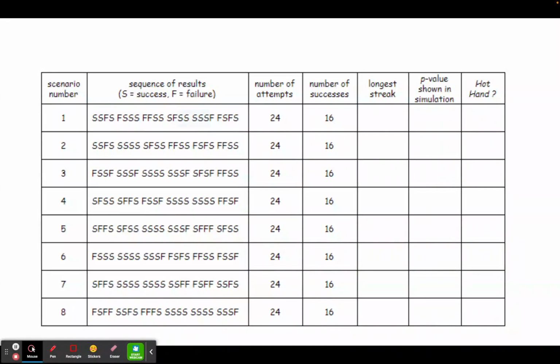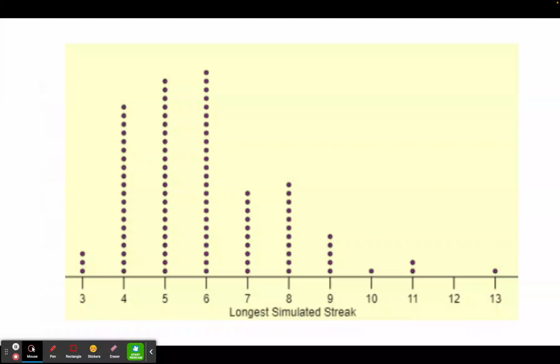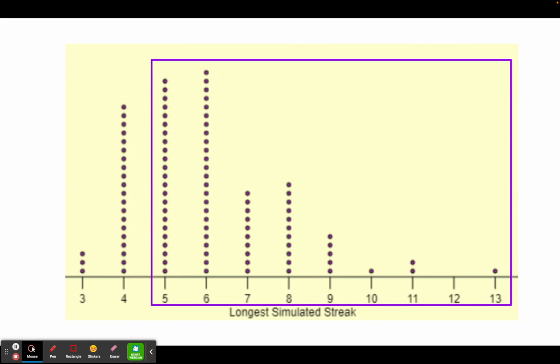We're going to organize all that in this chart. Notice in scenario number 1, their longest streak occurs right here where they have 5 successes in a row. They had 24 total games, 16 total successes, but the longest streak in this case was 5. Now, to determine the p-value and whether this would make them a streaky team or not, we're going to look at the dot plot. With a test statistic of 5, we would need to count all of the dots that are at 5 or above.